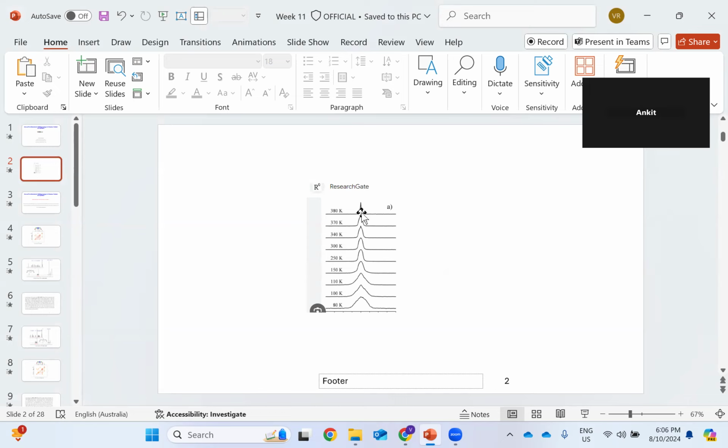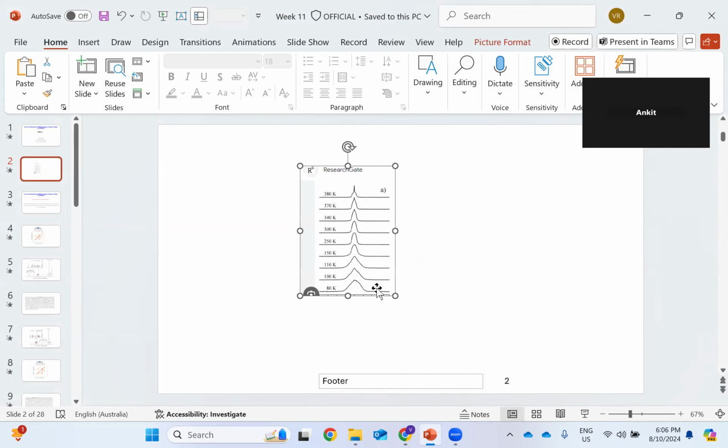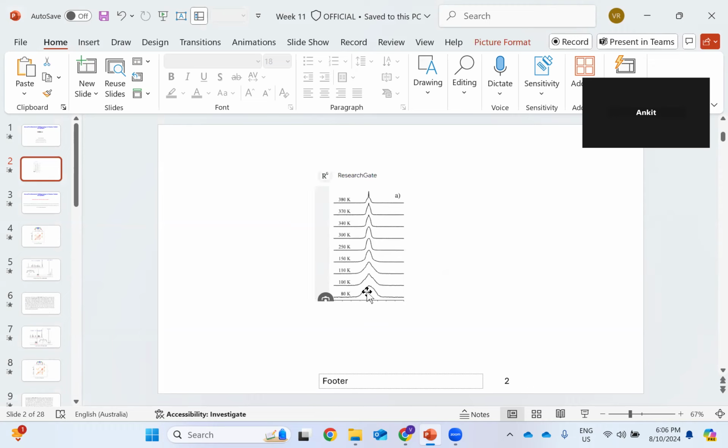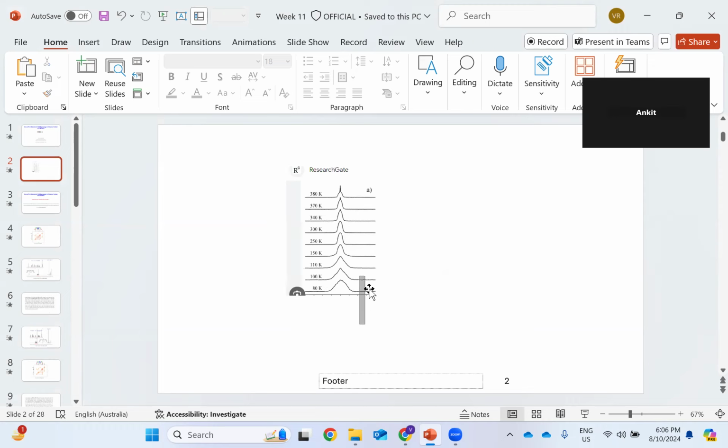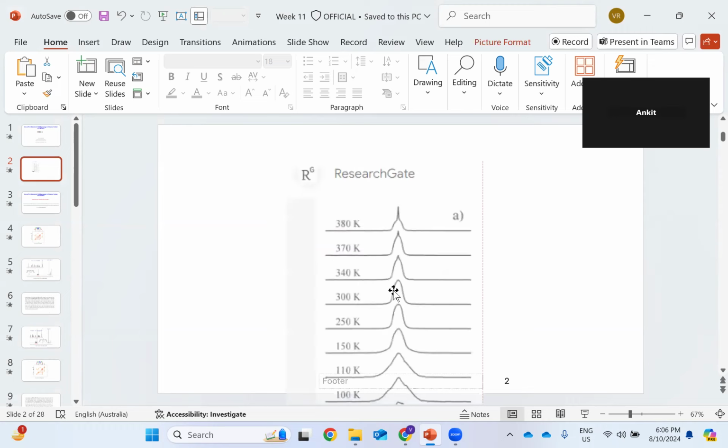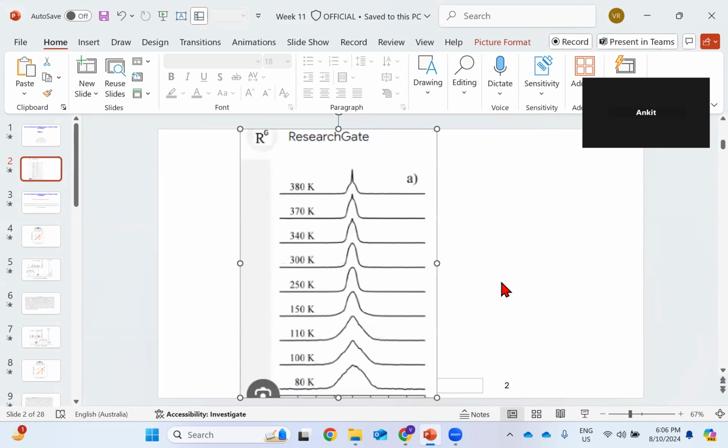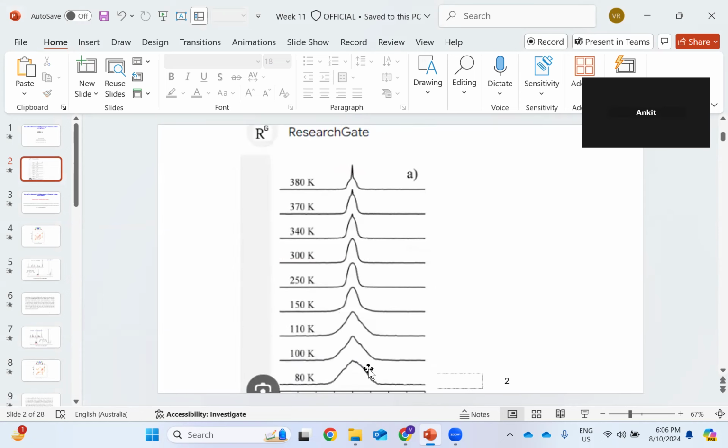But if you decrease the temperature, we will observe some sort of multiplicity or a broad spectra. In many cases we are able to observe the multiplicity. Here also, the spectra we got at 80 Kelvin is a kind of multiplet.